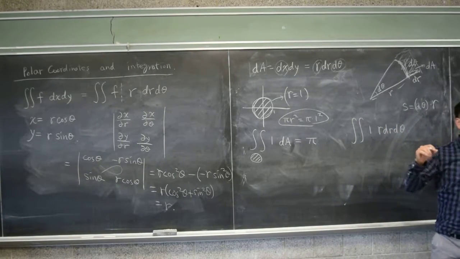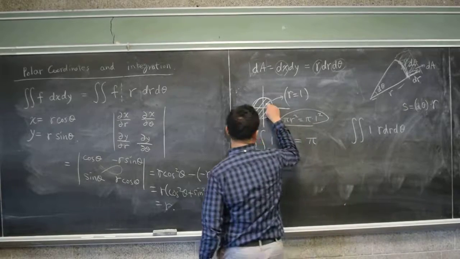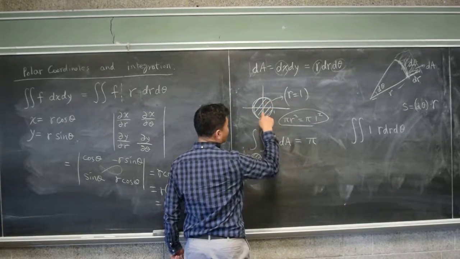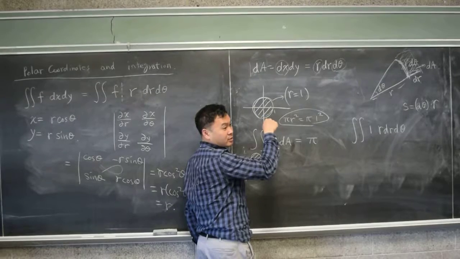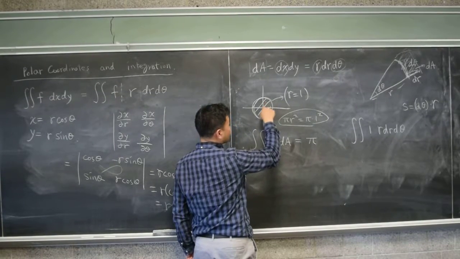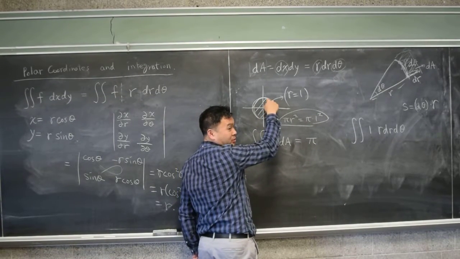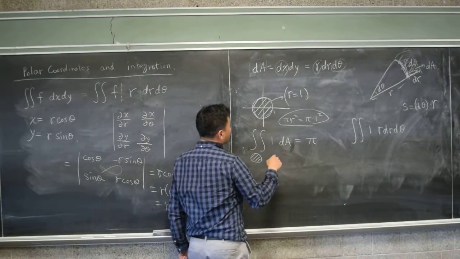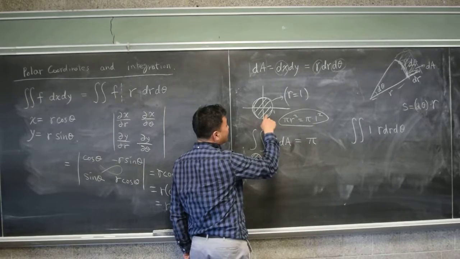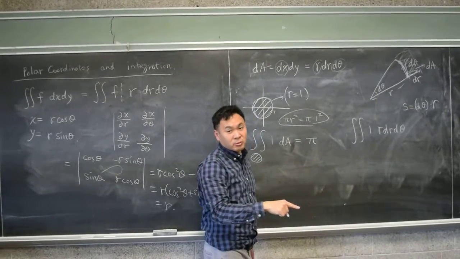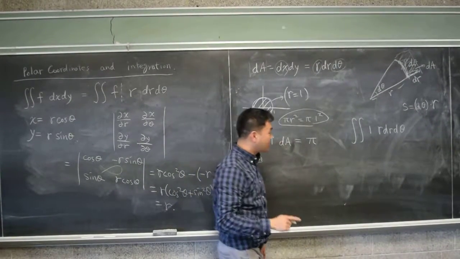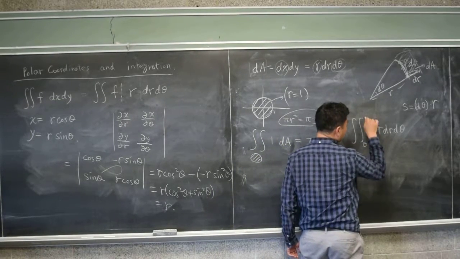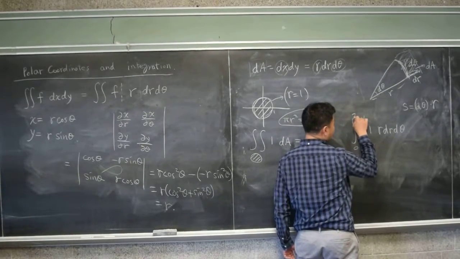For radius, any point in here has an r value between 0 and 1, right? The maximum r value is 1 at the edge of the circle. How about the angle? Angle varies from 0 to 2 pi. So r goes from 0 to 1, whereas theta goes from 0 to 2 pi.